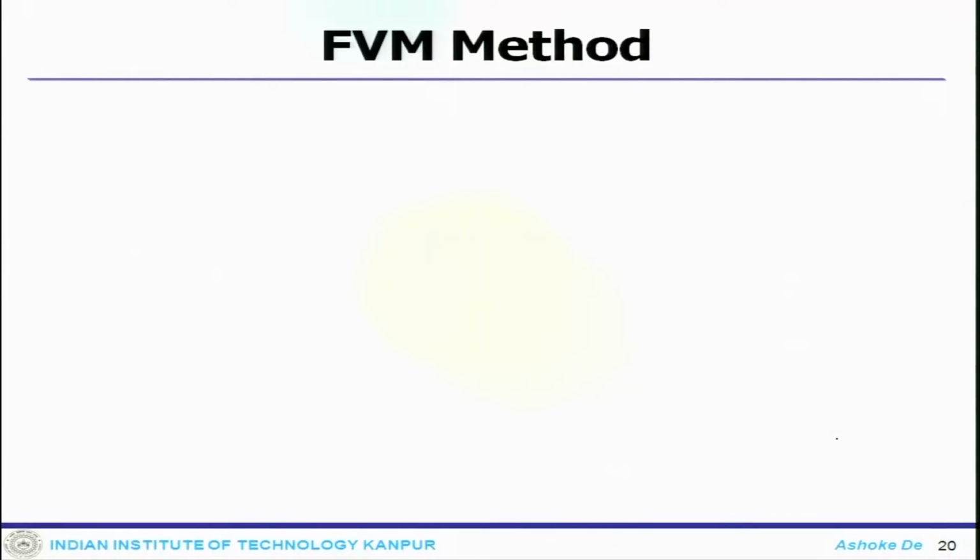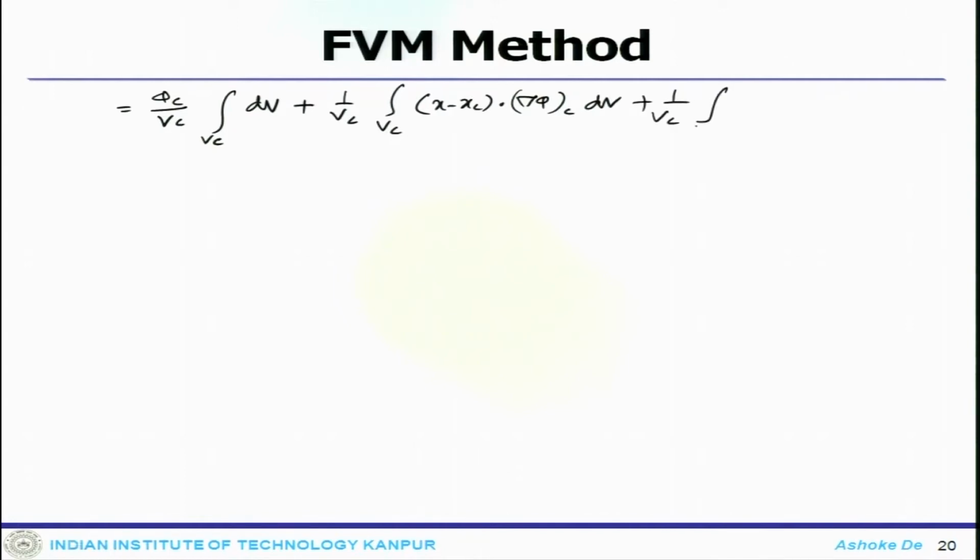So, phi C by V C dV plus 1 by V C integral of x minus x c dot delta phi C dV plus 1 by V C integral of order of x minus x c square dV.